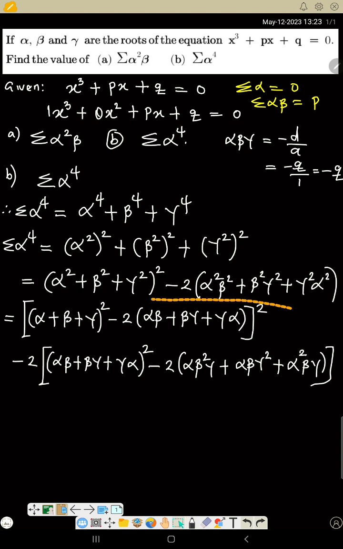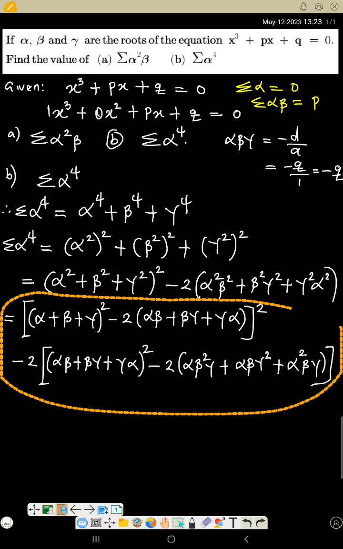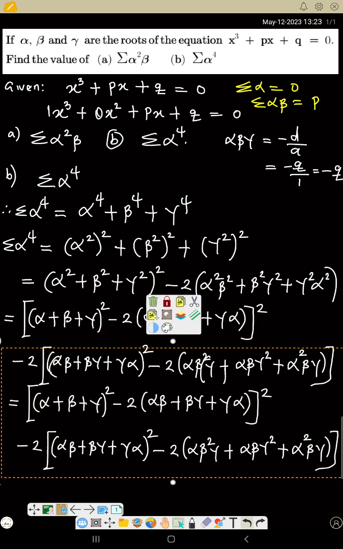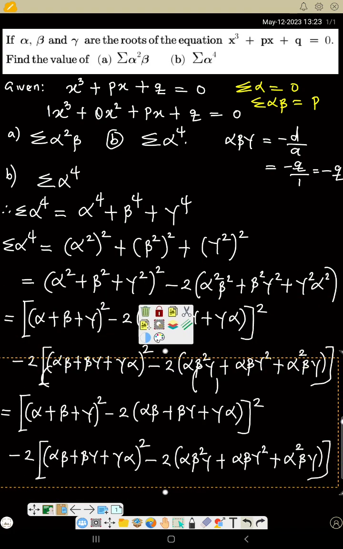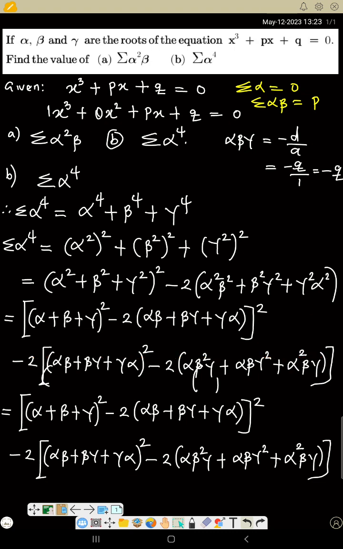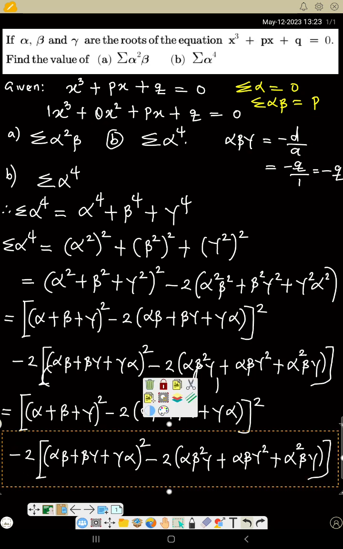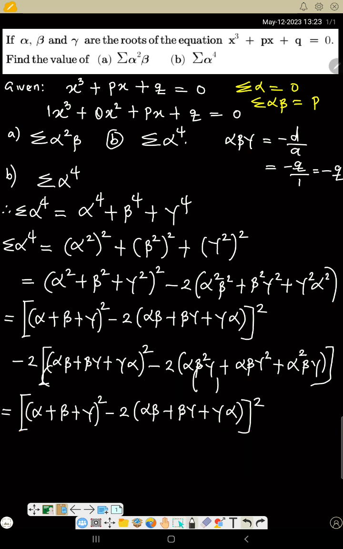So I will rewrite this. So that means our question is equals to, so all this is what I will write here. So minus 2 as in this one now.